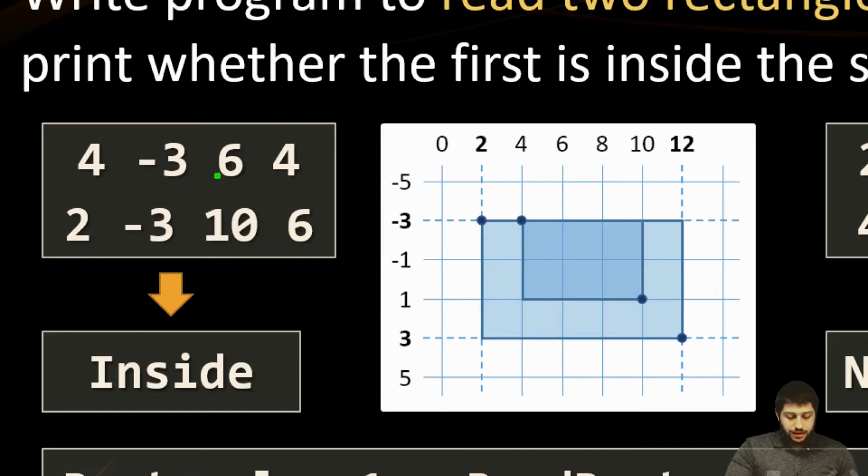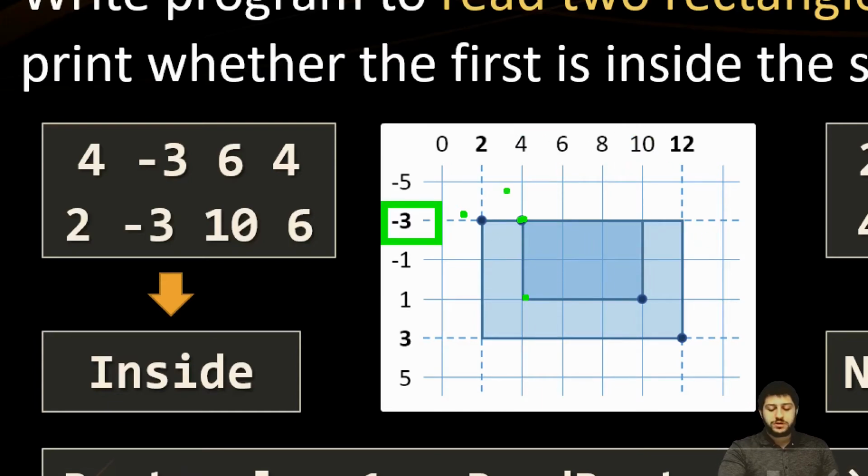We have minus 3 to 1, and we have 4 to 10. Okay, so 6 is the width. We have from 4 to 10, and minus 3 to 1 is 4. The difference is 4. Just checking the difference. If we take minus 3 and subtract the coordinate of the bottom corner, we get 4. The same goes here. We get 6.